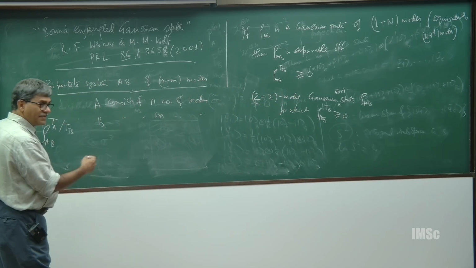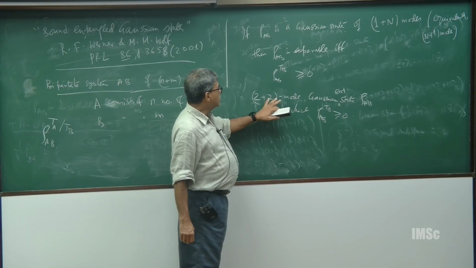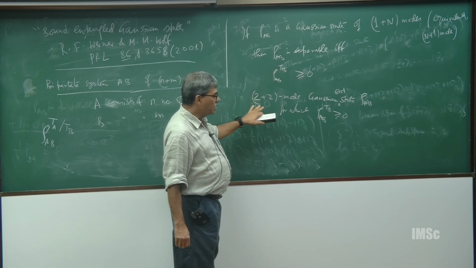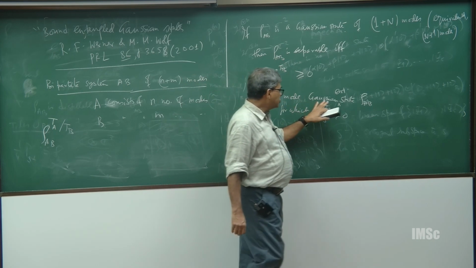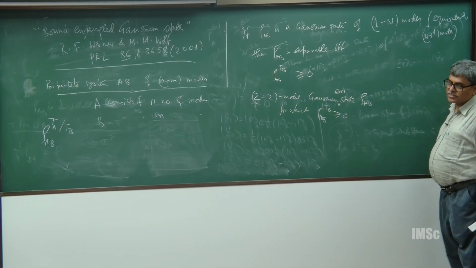This means that in 2 plus 2 mode this is not satisfied. You have an example of a 2 plus 2 mode Gaussian entangled state which has positive partial transposition.